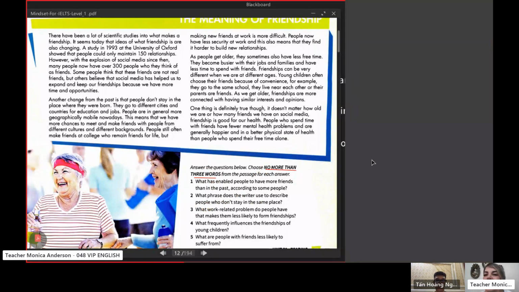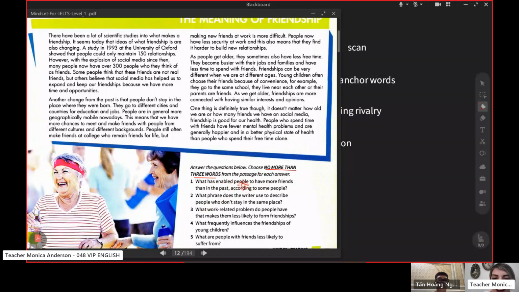Because of this, I told you that it's better to read the questions first, because first of all, you can underline the keywords so that you can look for the keywords in the text. And of course, you can find the answers very quickly. So of course, what has enabled people to have more friends than in the past, according to some people?